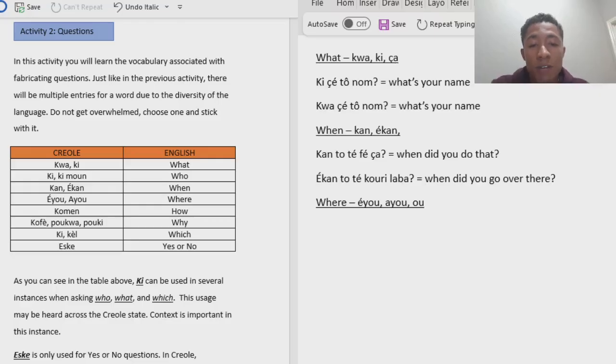So for where you have AU, IU, and U. So for instance, AU, mon chien y est. Where is my dog? AU, mon chien y est. Where is my dog? Or AU, mon chien.